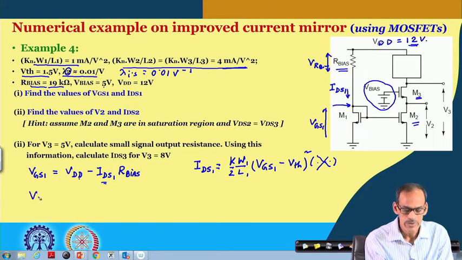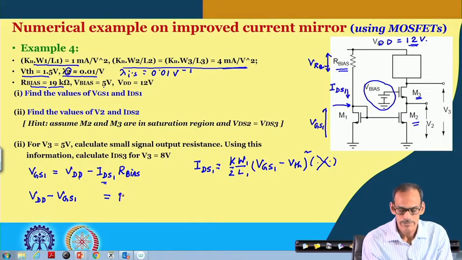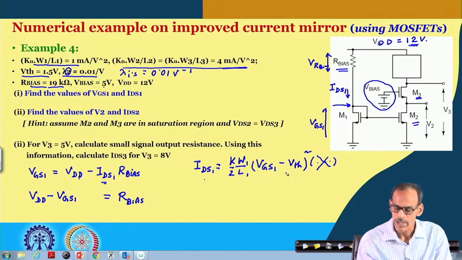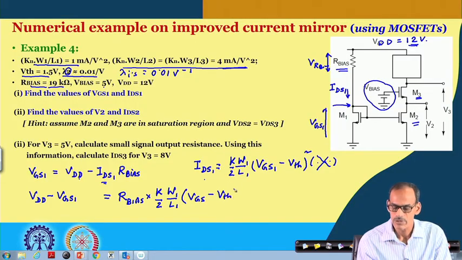We can say that VDD minus VGS1 equals R bias multiplied by IDS, and the IDS expression is K W by L by 2 into VGS minus VTH square.